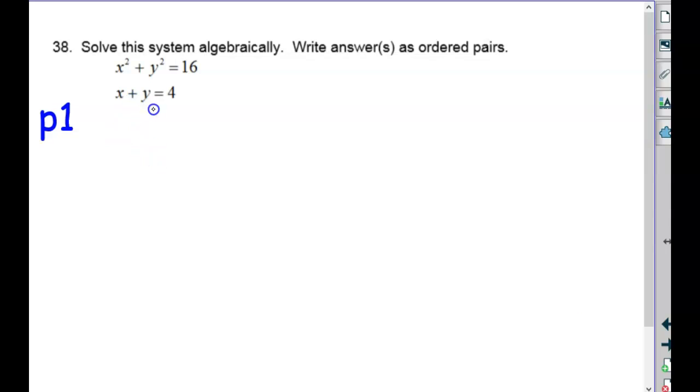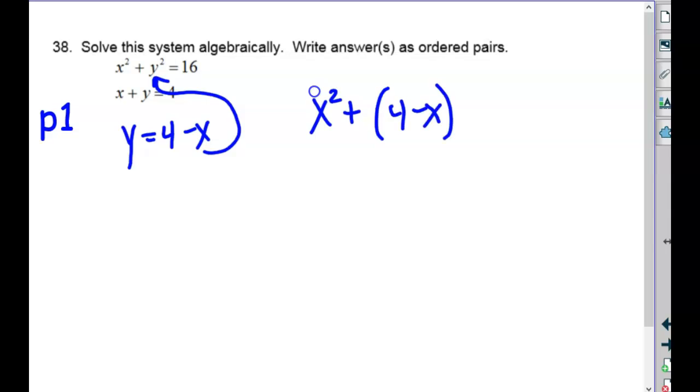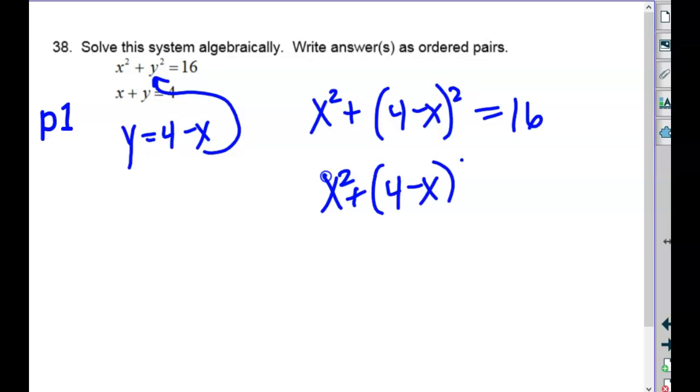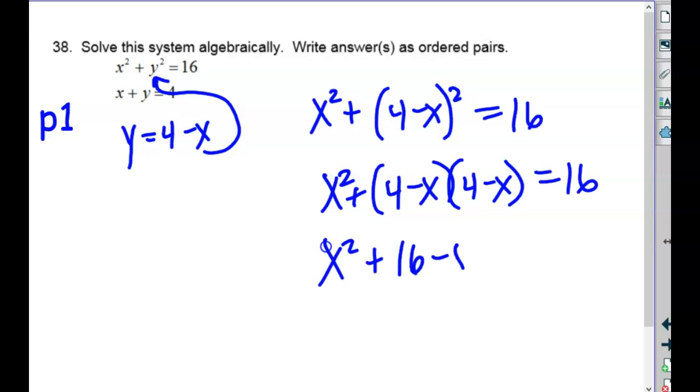So this one, you could substitute in y equals 4 minus x. So you'd have x squared plus 4 minus x, quantity squared equals 16, which would be x squared plus 16 minus 8x after you did minus 4 and minus 4x.